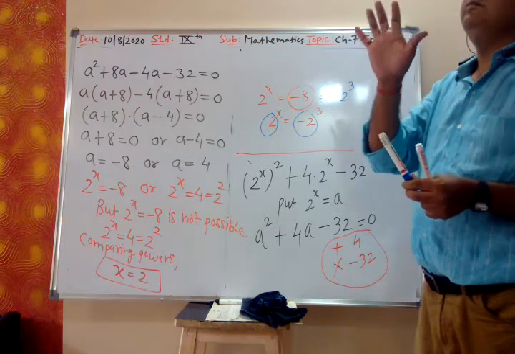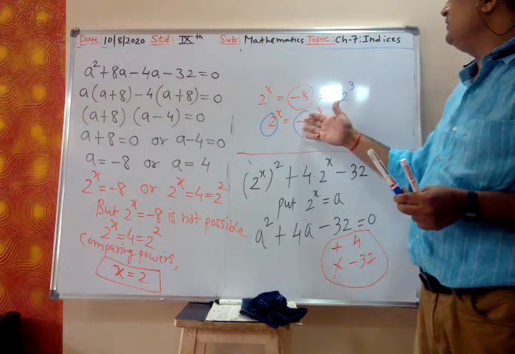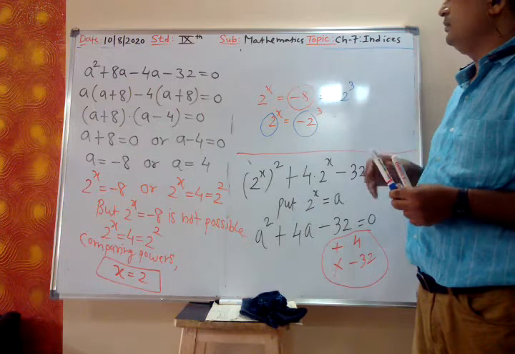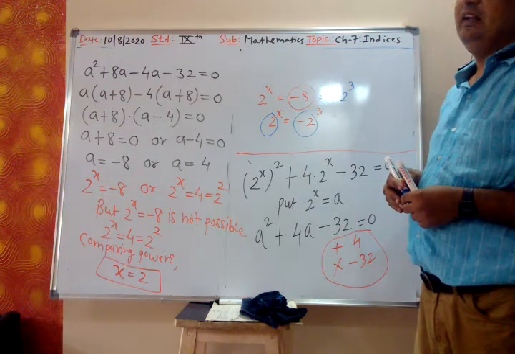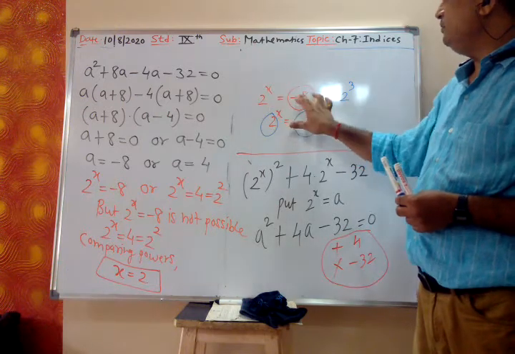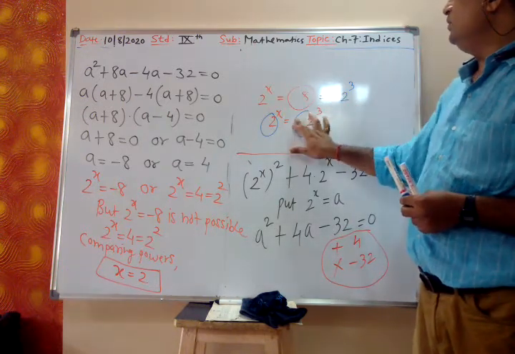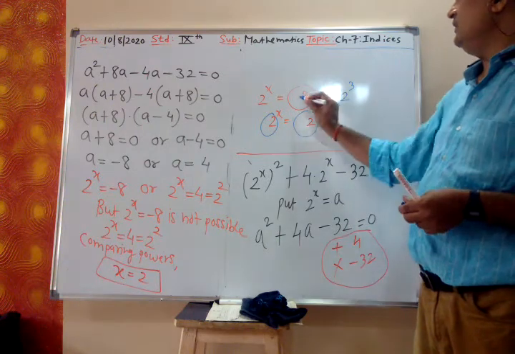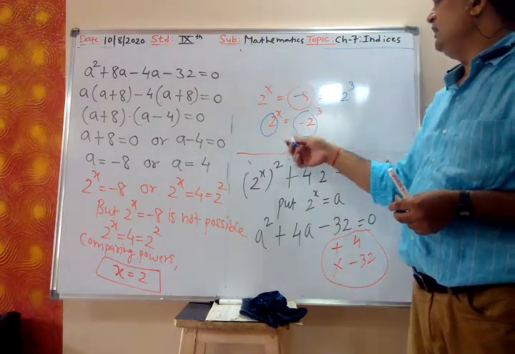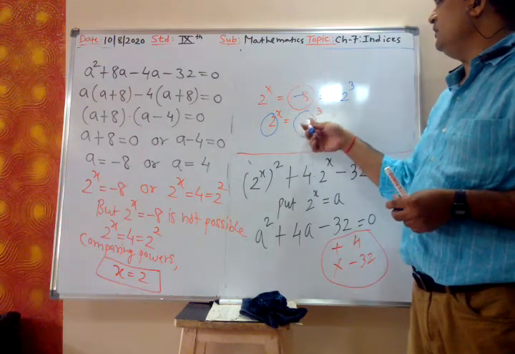See minus sign. How can you take the minus sign in the power? Minus is not in the power. Minus is with that number 2. Are you getting? Minus is not in the power. So if 2 raised to x is plus 8, then we can do the comparison. But if it is minus 8, I cannot do the comparison because the base is 2 and there it is minus of.